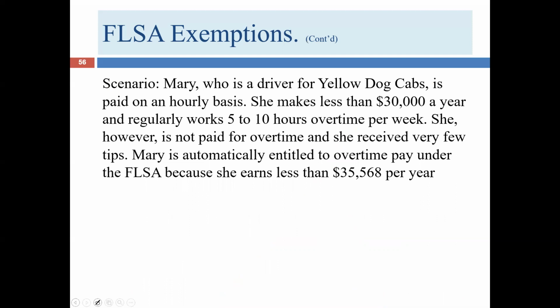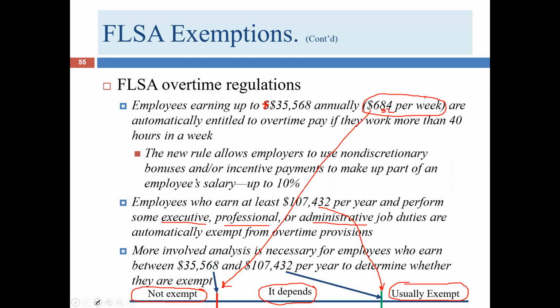So let's consider Mary's situation. She's a cab driver. Apparently Mary works in a city where they don't tip cab drivers, so there you have it. She earns less than $30,000 a year, and she does periodically work overtime. So going back here, 30,000 is less than 35,000. So we're in this territory for Mary. It doesn't really matter.